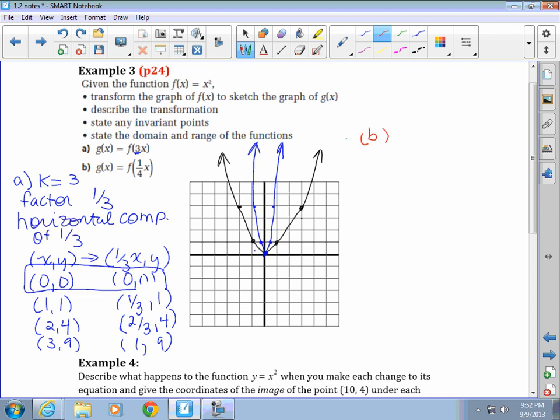So b, g of x is equal to function of 1/4 x. So our k is equal to 1/4. So that means our scale is 1 over 1/4, which is 4.